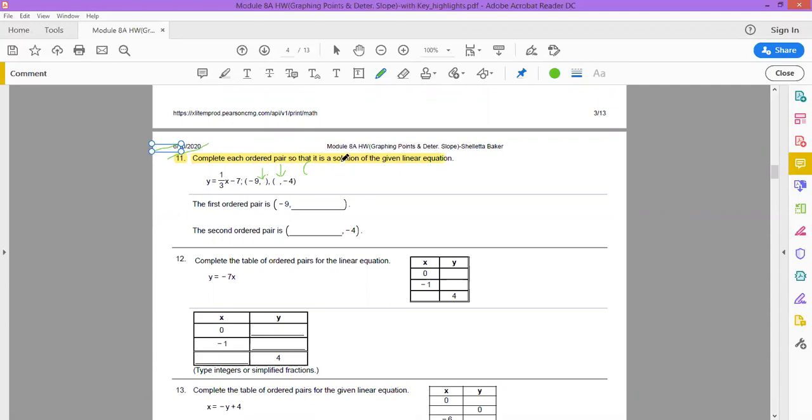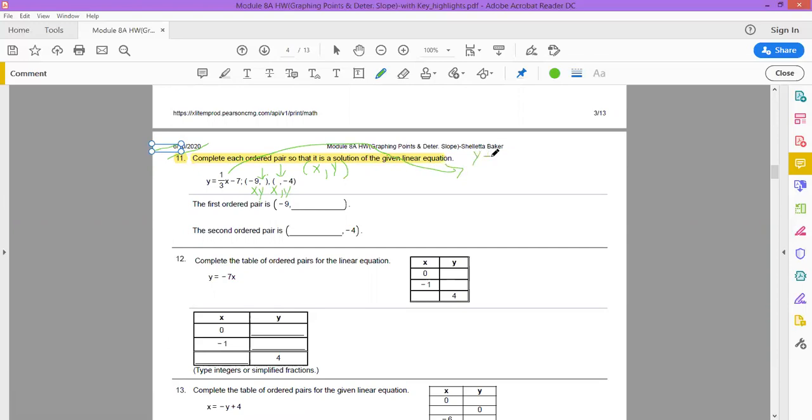Notice that those empty spaces are inside of parentheses. So we're identifying those points as ordered pairs where the first space represents the x-coordinate and the second one is the y-coordinate. The reason that's important is that we're going to use this information to plug numbers into our equation. So let's rewrite our equation over here to the side.